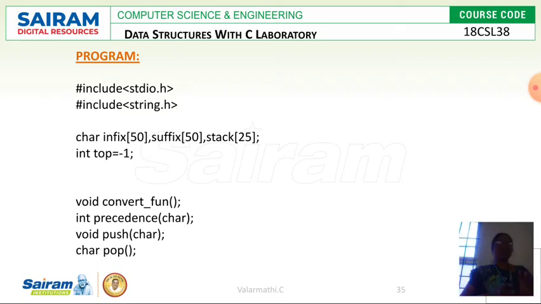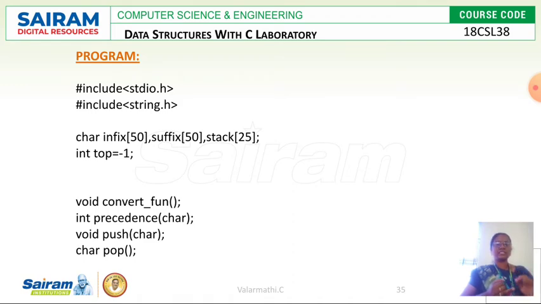So that's why the string.h header file is included here. Then the next step is variable declarations. Here character arrays infix of 50, suffix of 50, and stack of 25 are the three different character arrays declared in this program, and top is initialized to -1.